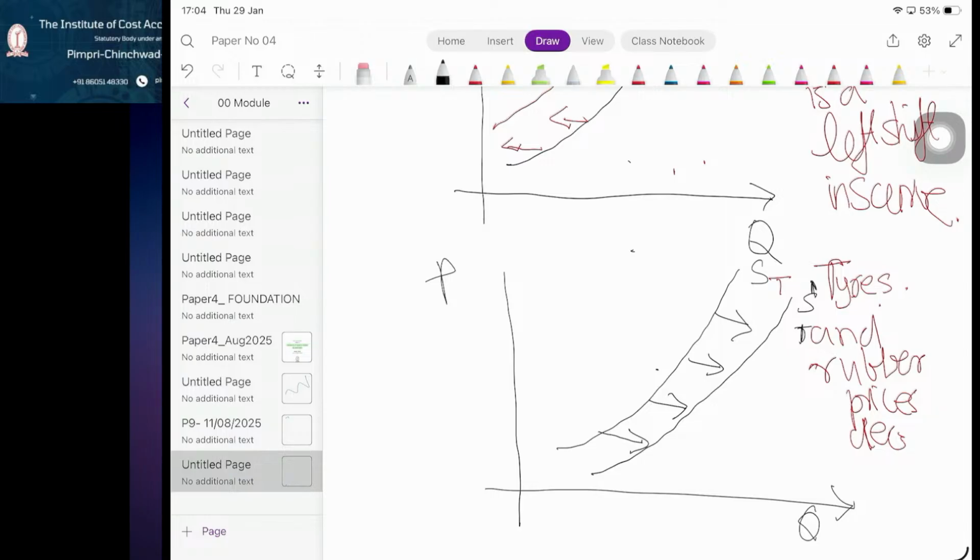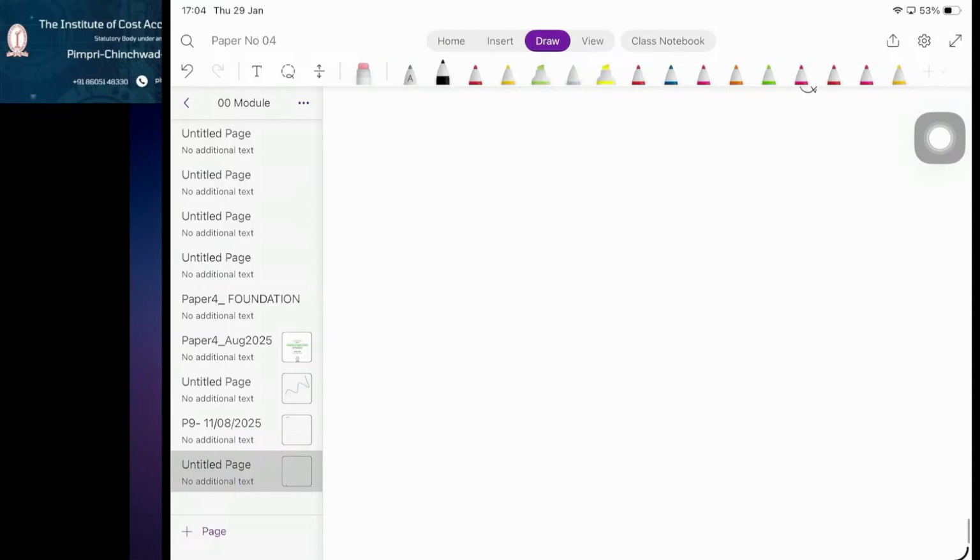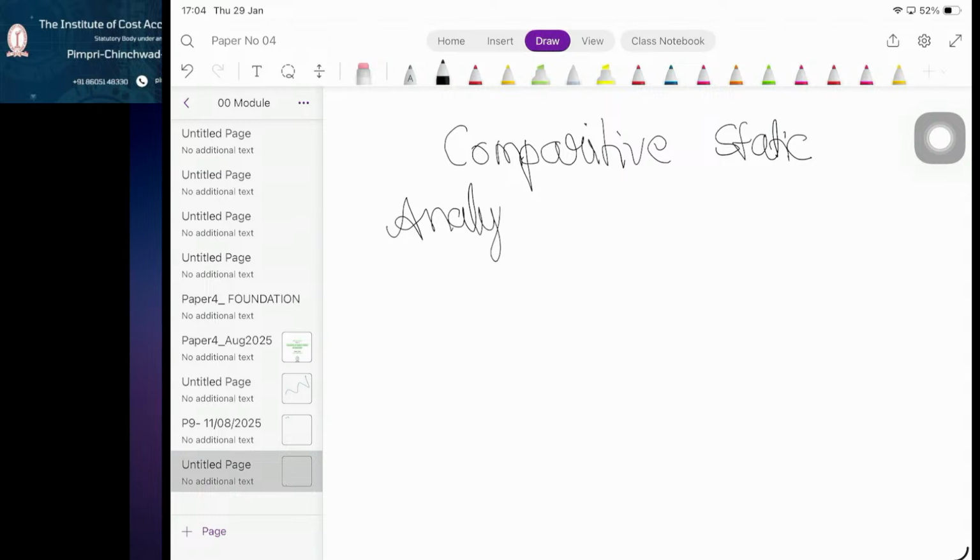Okay, so now we will do what is called comparative static analysis.